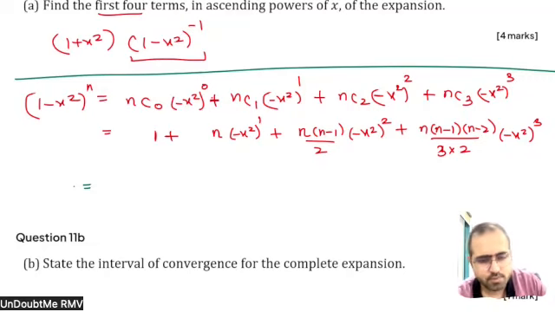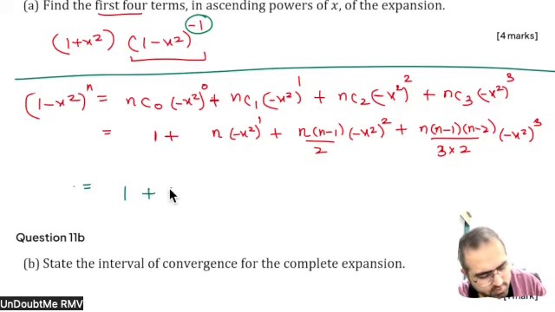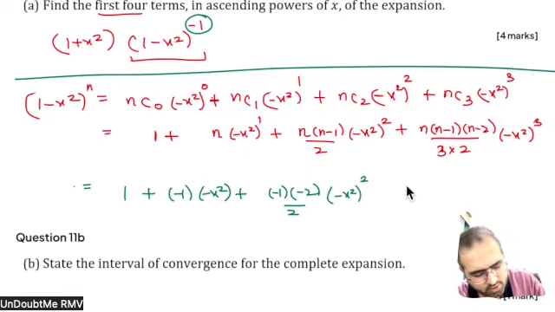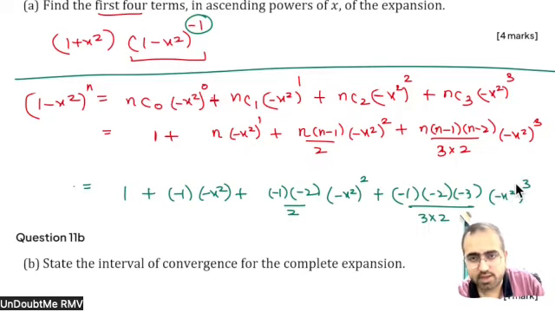No, sir. Putting n equal to minus 1 will give me 1 plus minus 1 times minus x square, minus 1 minus 1 will be minus 2 over 2 times minus x square to the power 2, then minus 1 minus 2 minus 3 over 3 times minus x square to the power 3.